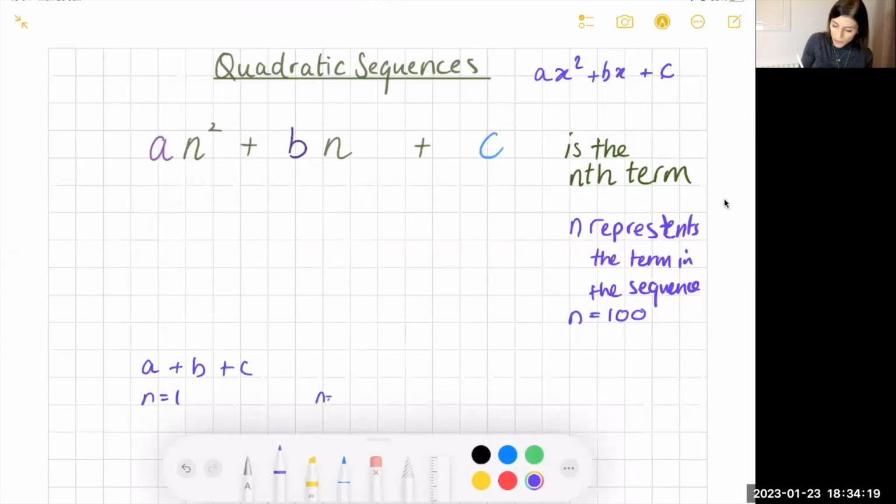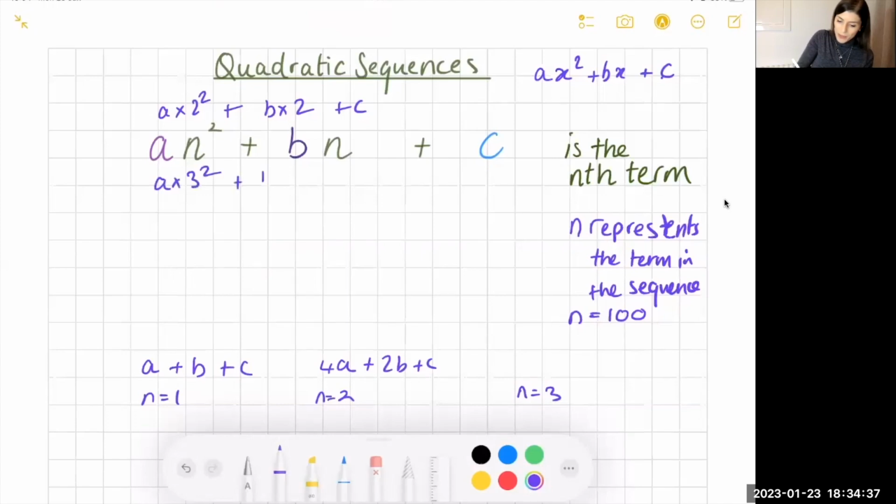The second term, when n is equal to 2, you would have a times 2 squared plus b times 2 plus c, which gives me 4a plus 2b plus c. And the third term would give me a times 3 squared plus b times 3 plus c. All I've done is substitute the term I want into our n. So that would be 9a plus 3b plus c.